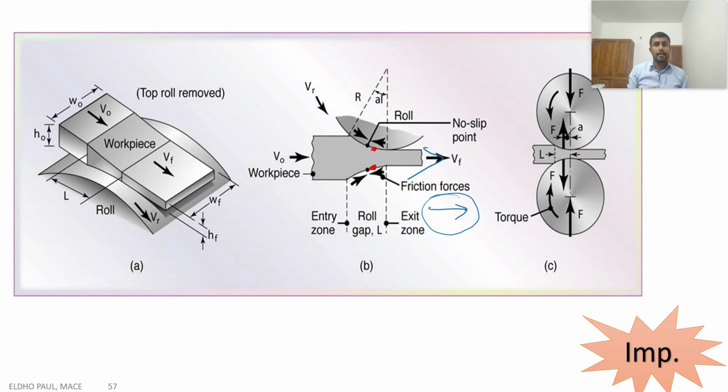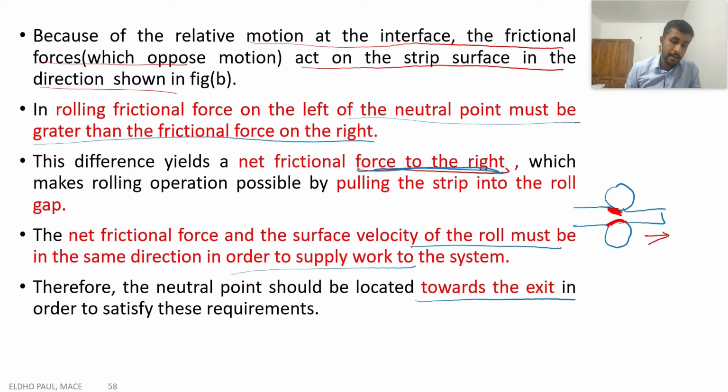This is an essential condition. A net friction force towards the right is an essential condition for the forward motion of the workpiece through the rolling gap. For that, the neutral point should be located towards the exit of the rolling gap. Then only do we get a net friction force to the right of the rolling gap.